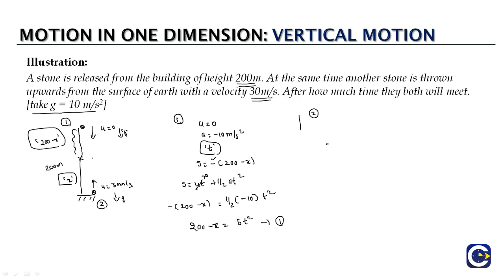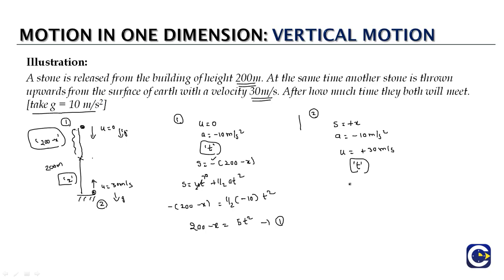Now let us look at the motion of the second particle. By the time the second particle is meeting the first particle, it is climbing up through a distance x, which means the displacement will be plus x, and acceleration of course is minus 10 meters per second square, and the initial velocity of this is plus 30 meters per second since it is projected upwards, and the time of the journey is again t, because both of them will be in the journey for the same time.